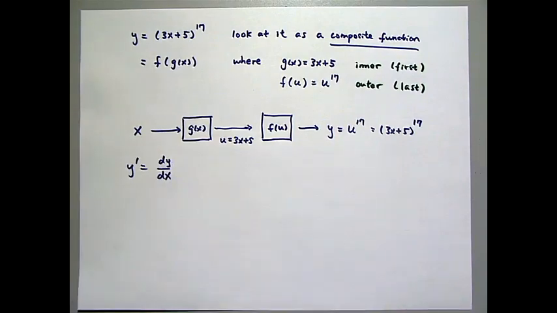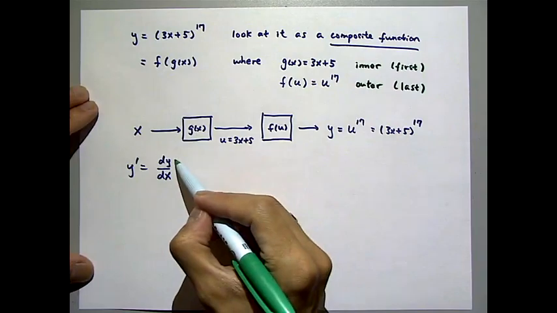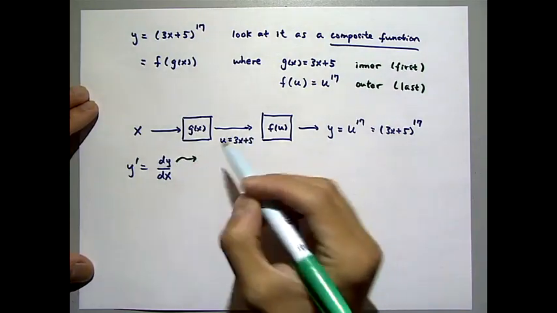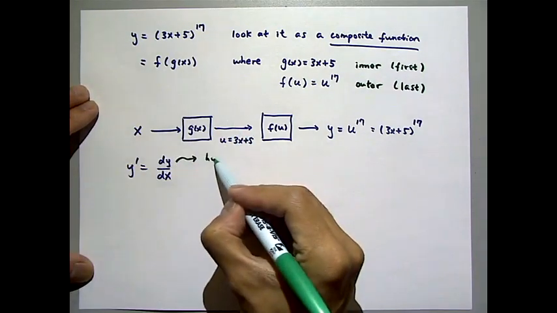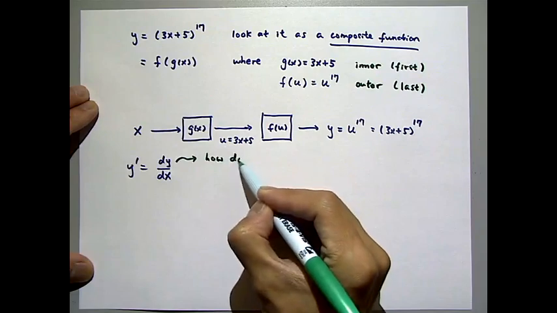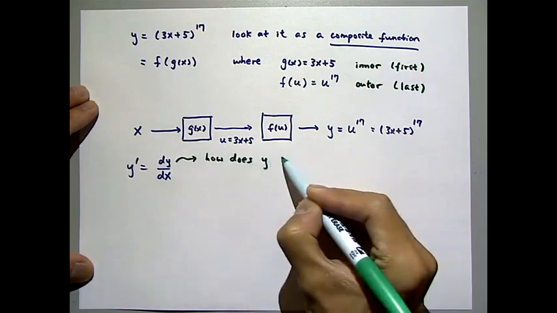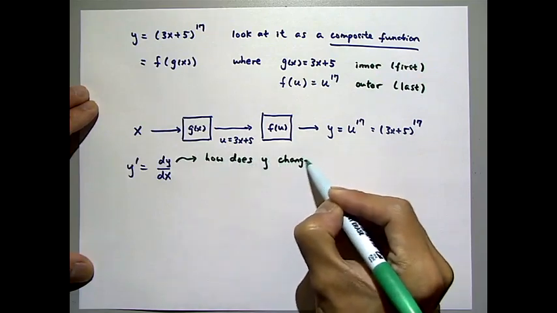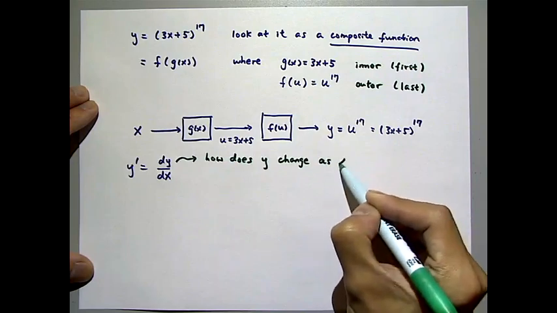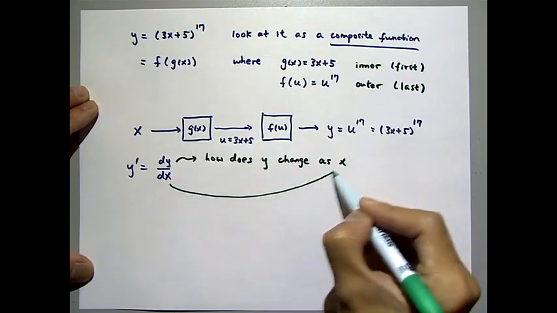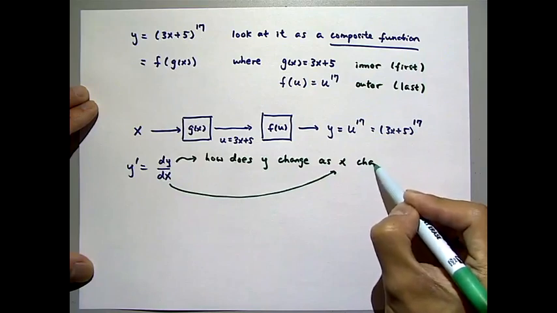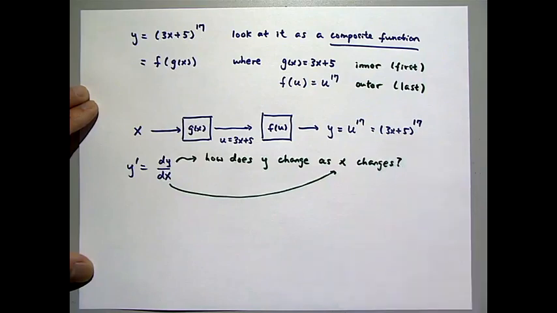Let's look at y prime in the Leibniz notation. In this notation, this is asking us how does y change as x, which is this guy down here, changes.